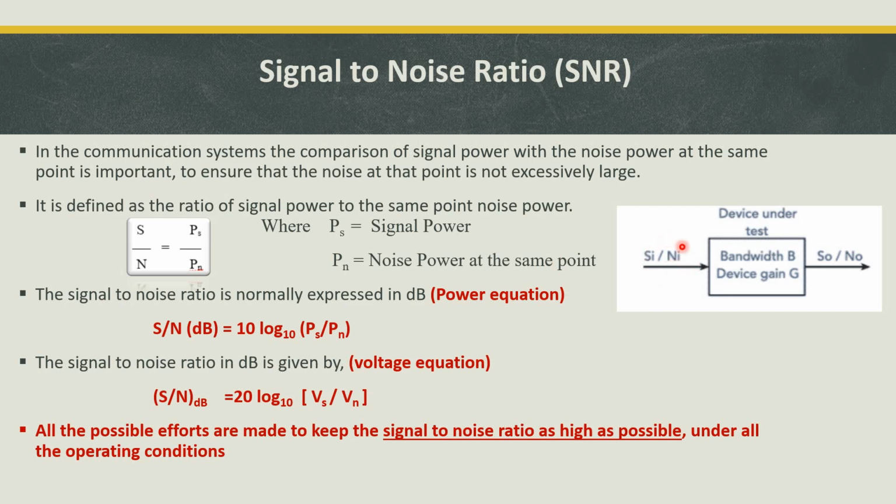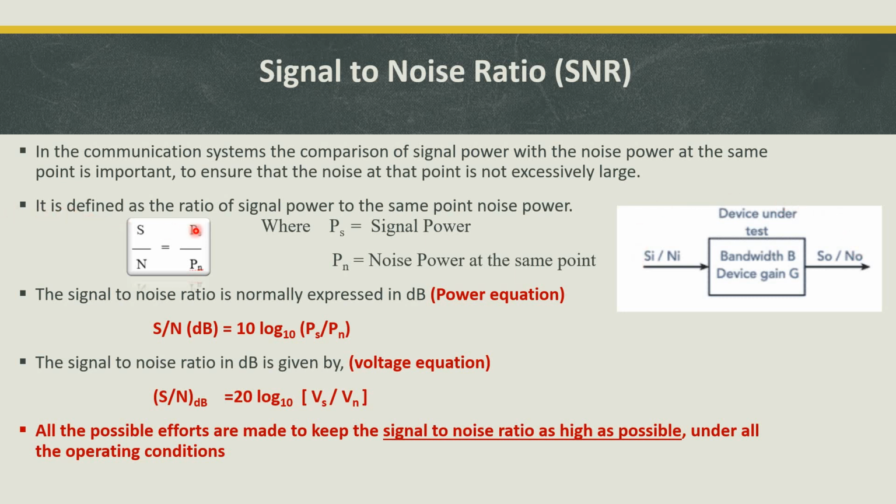If your signal to noise ratio is minimum even at the input, then the output signal to noise ratio will definitely be very low, because if it is an amplifier, it will amplify both signal and noise. Definitely at the output of the amplifier you will get a lower signal to noise ratio compared with the input side.